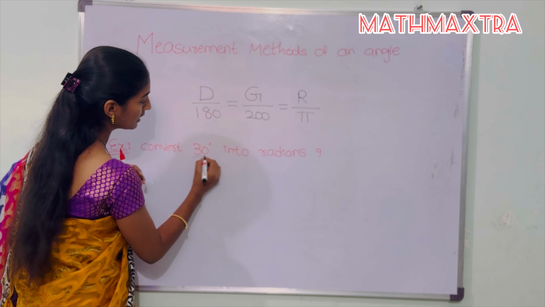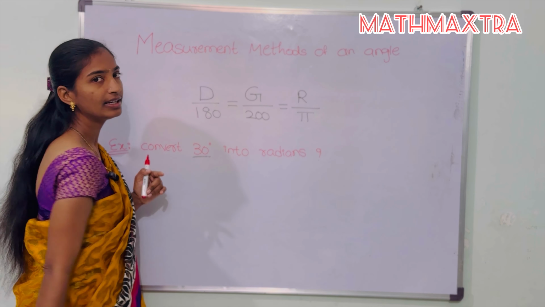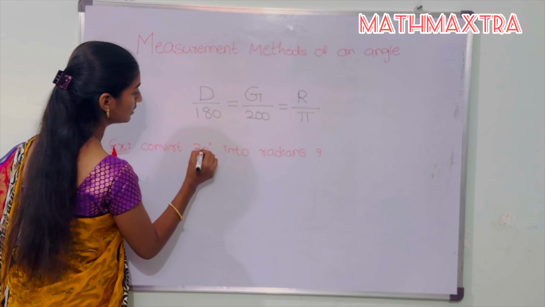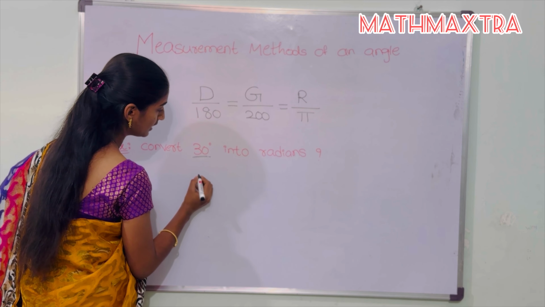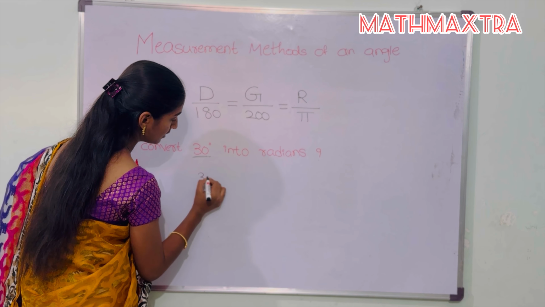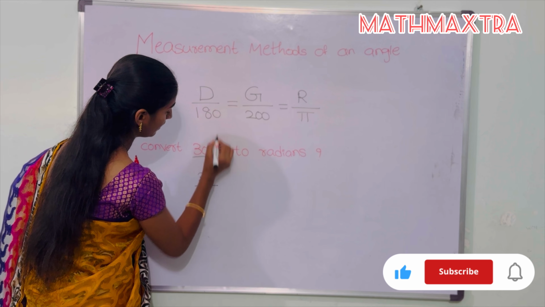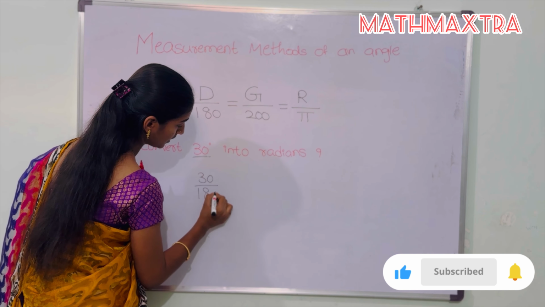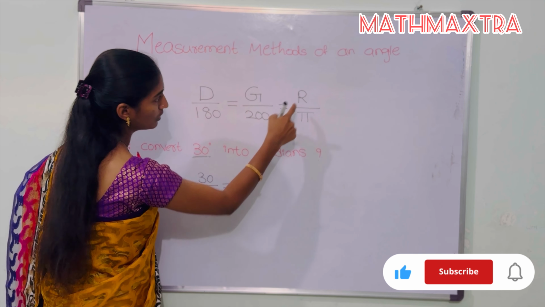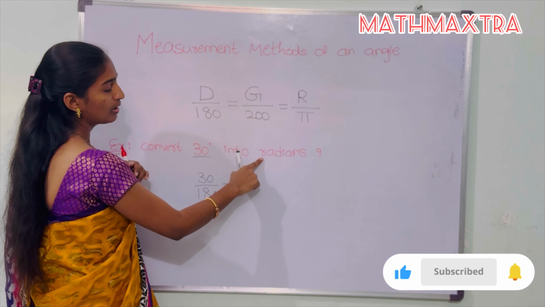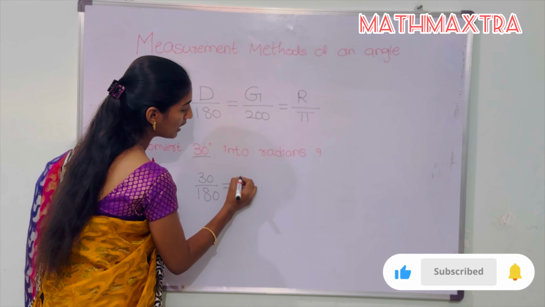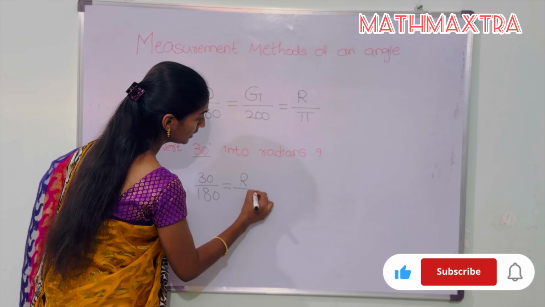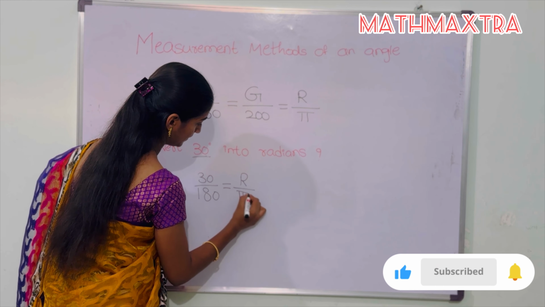See, degrees are given, here 30 degrees. So you have to substitute this 30 degrees in place of D. So 30 divided by 180 is equal to, since we have to find the radians, you keep R as it is, divided by pi.